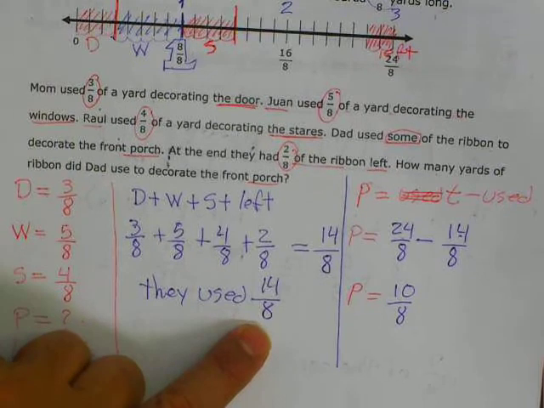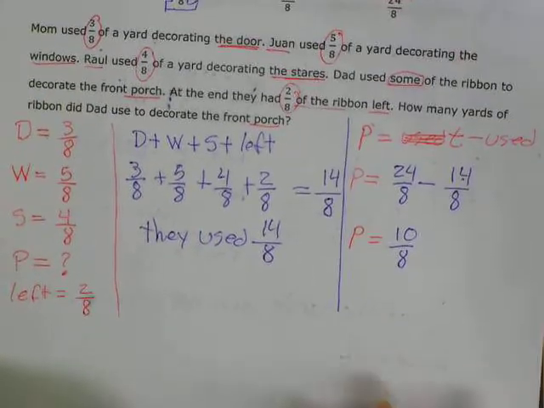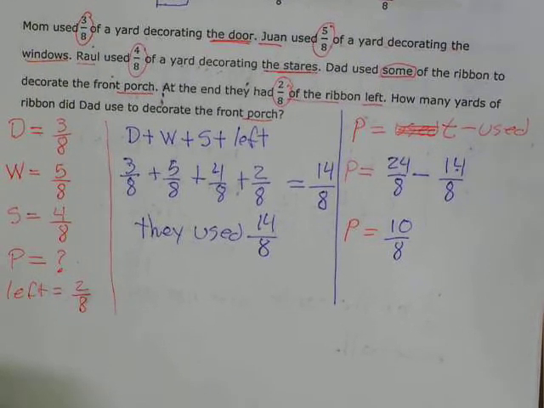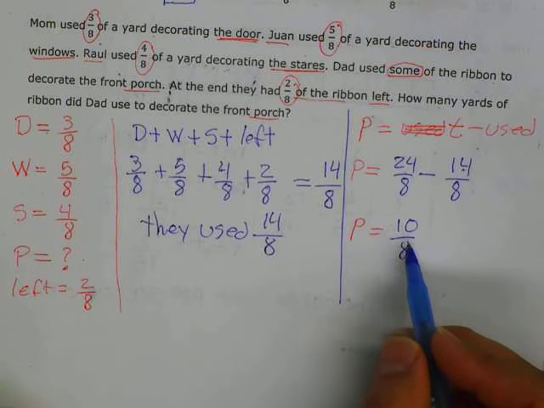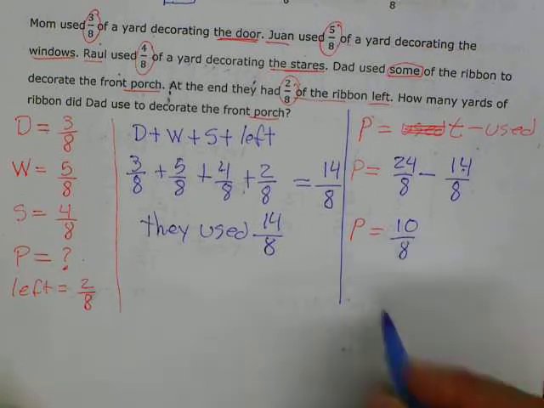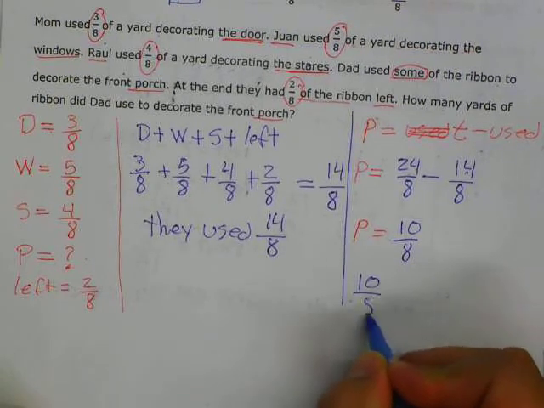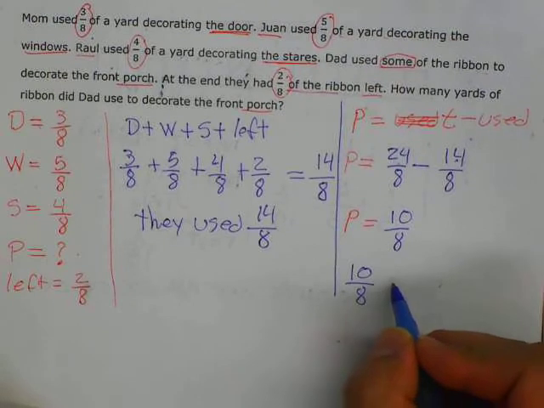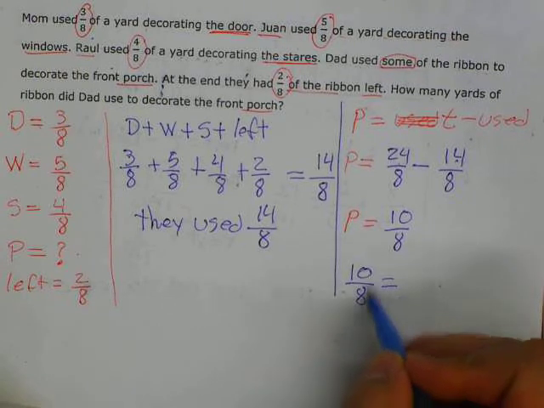Now what do I notice about 10 eighths? What kind of fraction is 10 eighths? It's a fraction greater than 1 whole. That's an improper fraction. So I need to change 10 eighths to a mixed number. How do I do that? 10 eighths, I need to take a whole from this fraction because I know I have more than 1 whole.